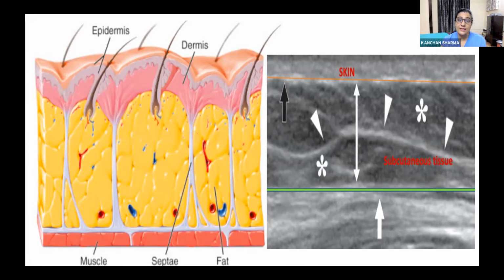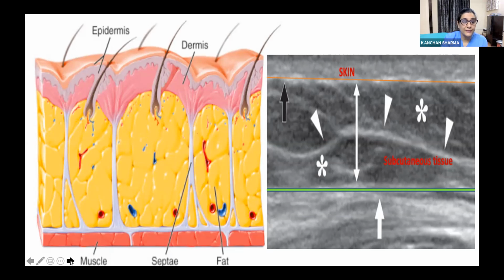Fat globules are going to look hypoechoic. So the subcutaneous tissue plane will always be hypoechoic with hyperechoic septations. That hypoechoic part is going to be your fat globules, and this hyperechoic part is going to be your connective tissue septations.